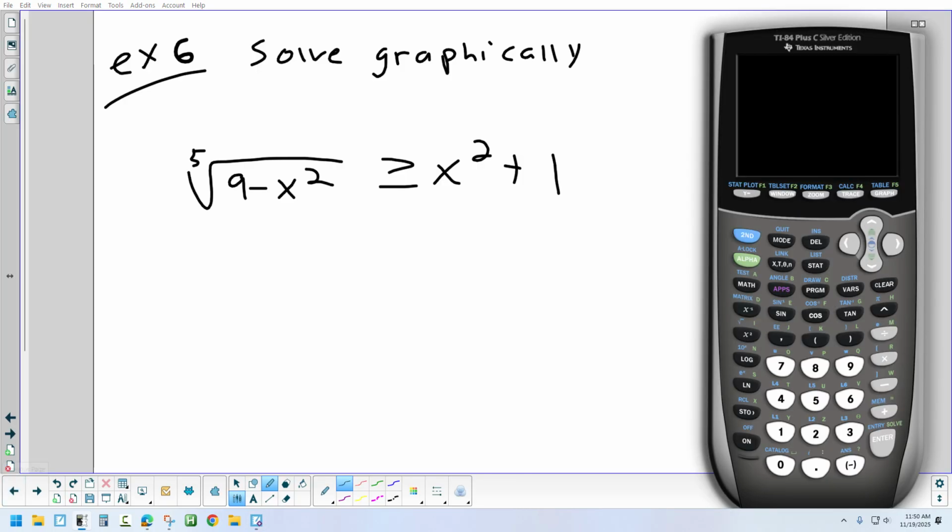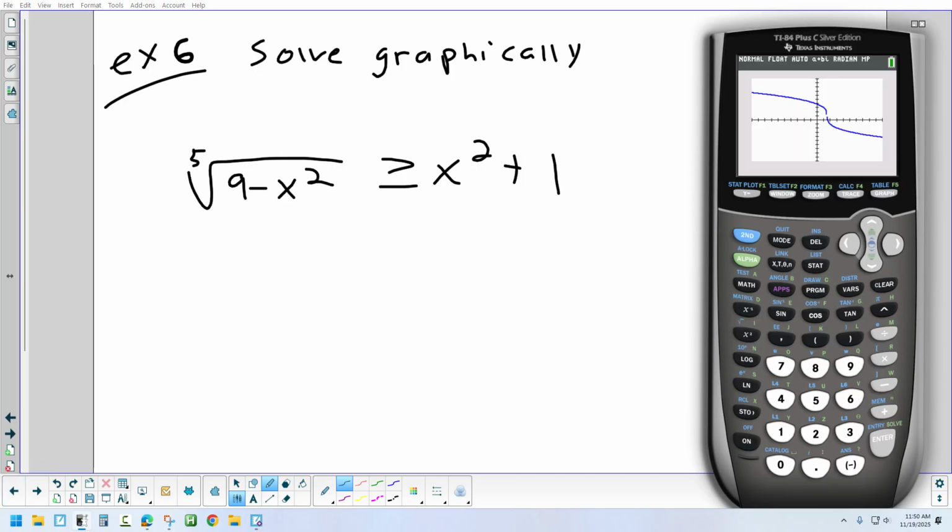What feature do we have to use a lot when we type something in y1 and y2? On the calculator, there's a certain feature we use a lot.